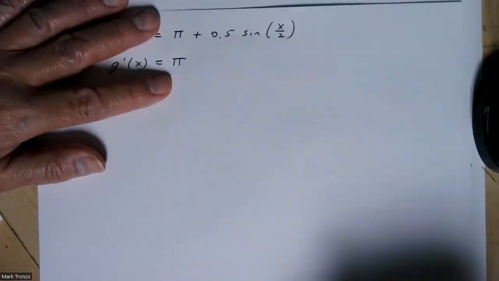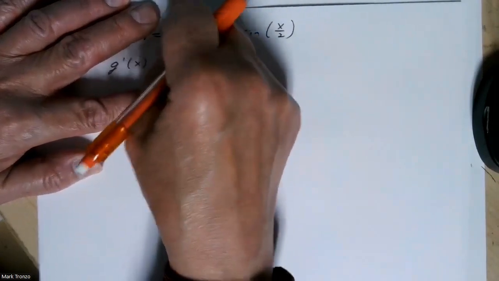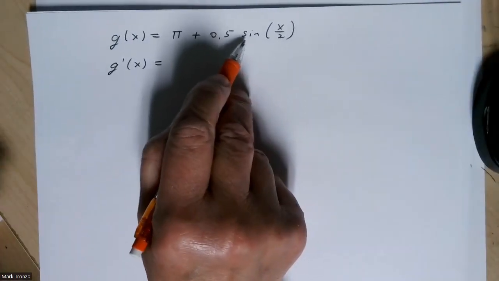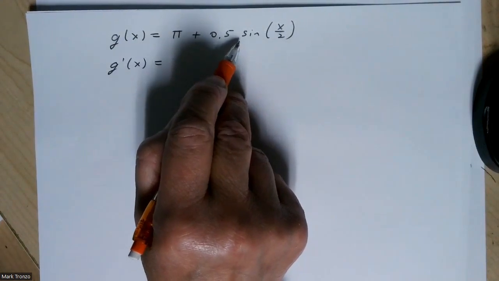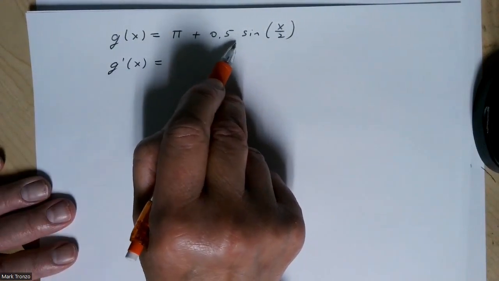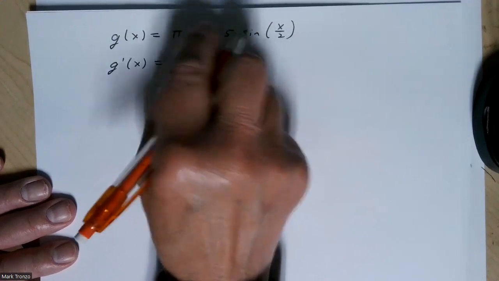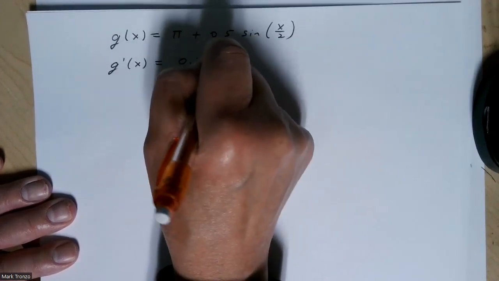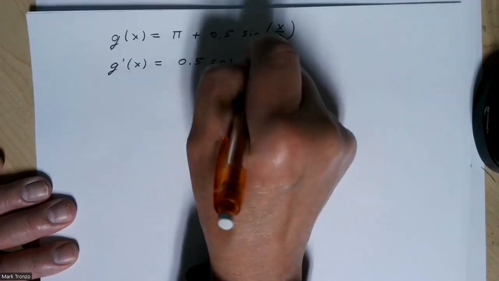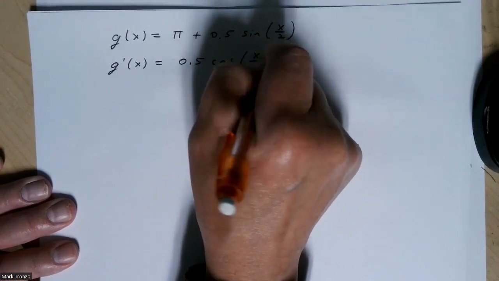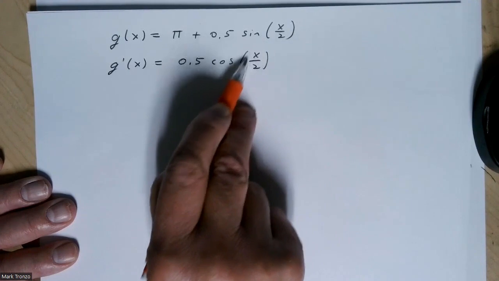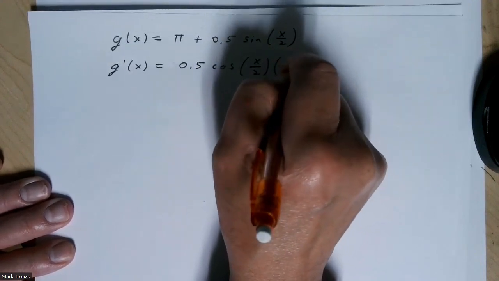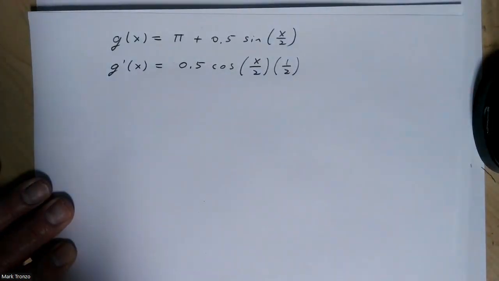Remember, the derivative of pi is going to be 0 because pi is just a constant. Over here, we're going to have to use the chain rule, aren't we? The chain rule gives 0.5 cos of x over 2 times the derivative of what's inside, which is 1/2.